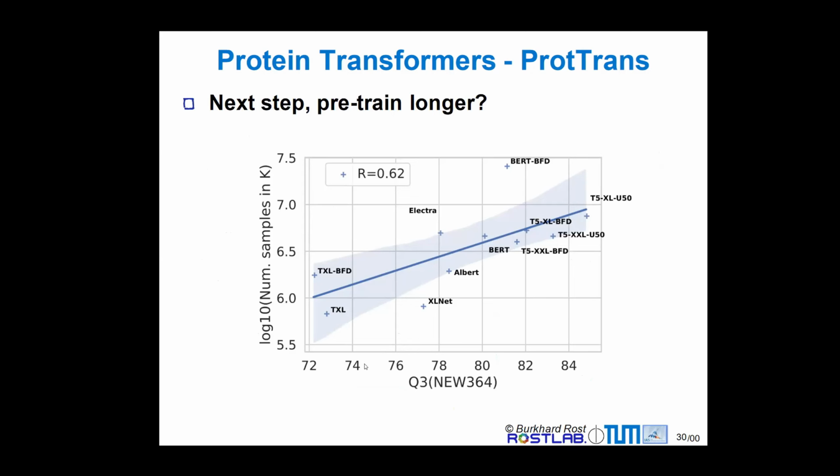The point here is we plot here the Q3, the three-state accuracy against the number of training steps that we trained these models on. And you see here this nice correlation, and we did not observe yet that this actually plateaus or levels out completely. So yes, it gets more and more expensive. I mean, here is a logarithm, so this is a logarithmic correlation. So this is getting increasingly more expensive to squeeze out the last few percents.